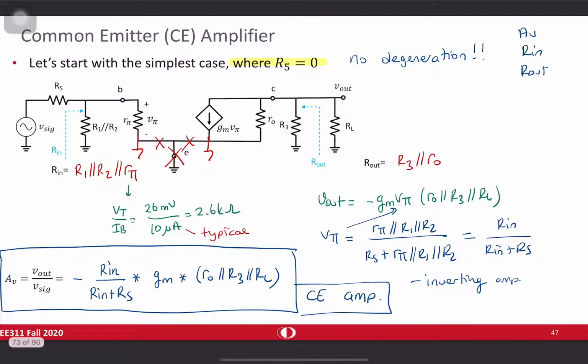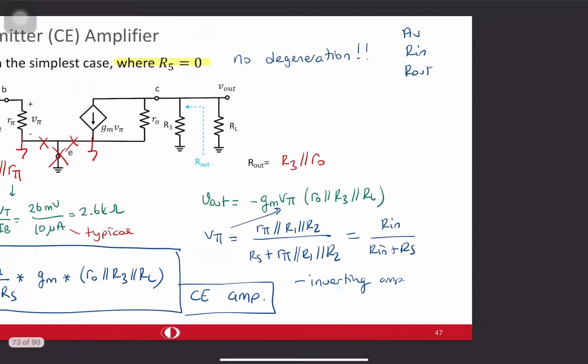So when you go back to this expression, yes, we sacrifice from Rin divided by Rin plus Rs, but on the other hand, GM is increased. So for similar biasing values, AV of common emitter can be larger than AV of common source amplifier. But input resistance is lower definitely.